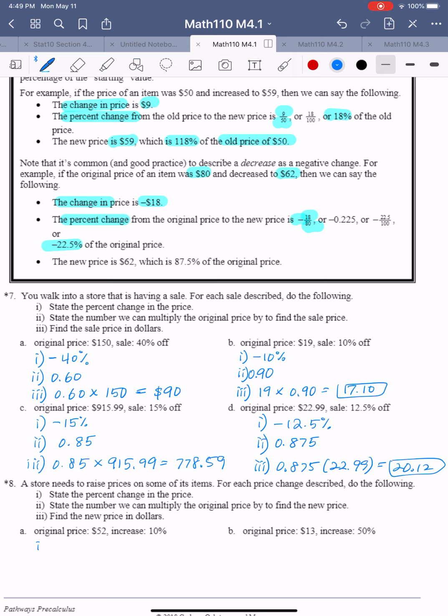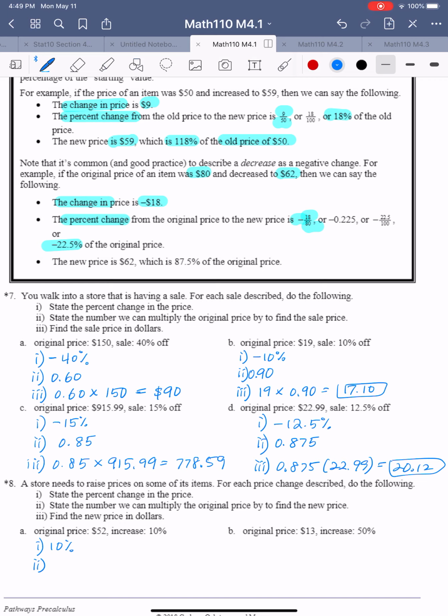So in number 1, the 10% increase is a 10% increase. And in order to find the number that you're going to multiply, you just need to multiply 0.1. Oh, actually, 0.1 gives us just the difference. This time, because it increased, you still need to pay the 52 plus 10% of the price.